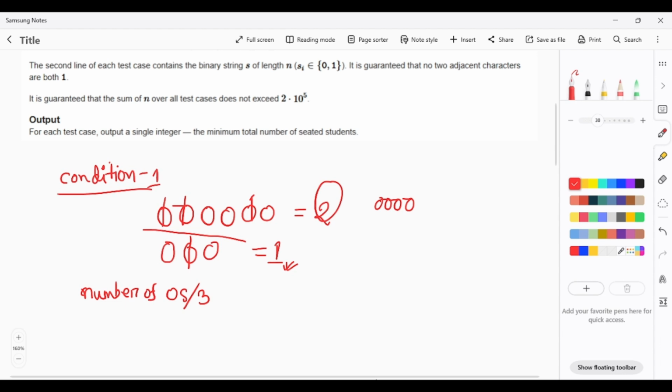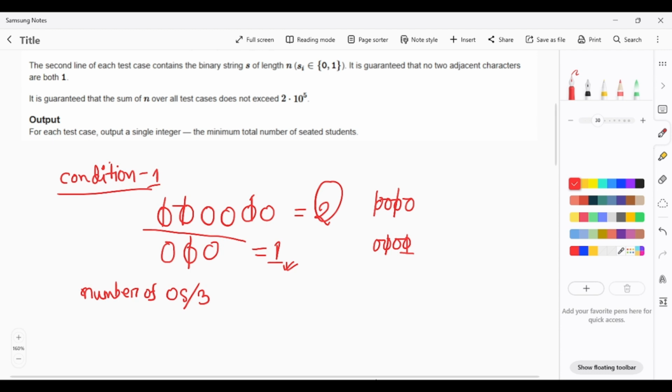If we add one student here, then there is still scope where we can add another student, and that is this position. You can think about another case, like if we add a student here, then there is another scope where we will have to add another student, and this is this position.